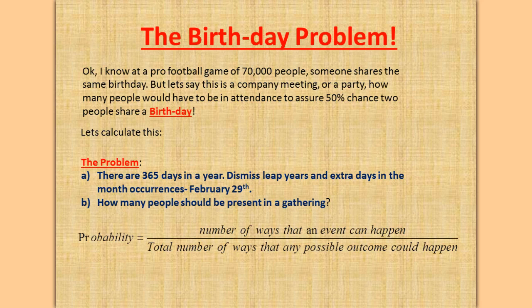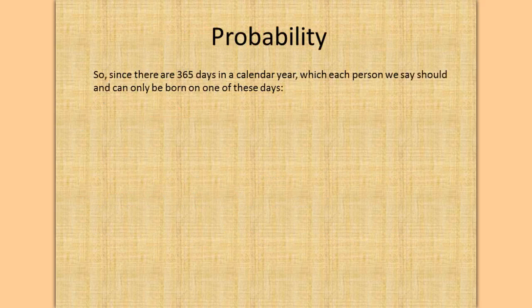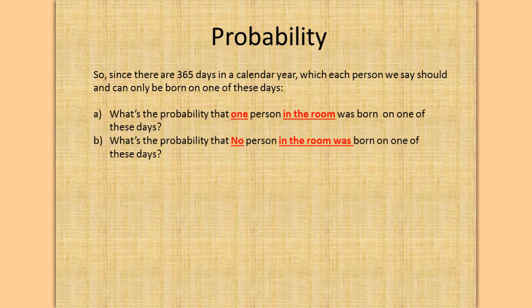What's probability? Probability equals the number of ways that an event can happen divided by the total number of ways that any possible outcome could happen. Since there are 365 days in a calendar year, and each person can only be born on one of those days, what's the probability that one person in the room was born on one of those days?